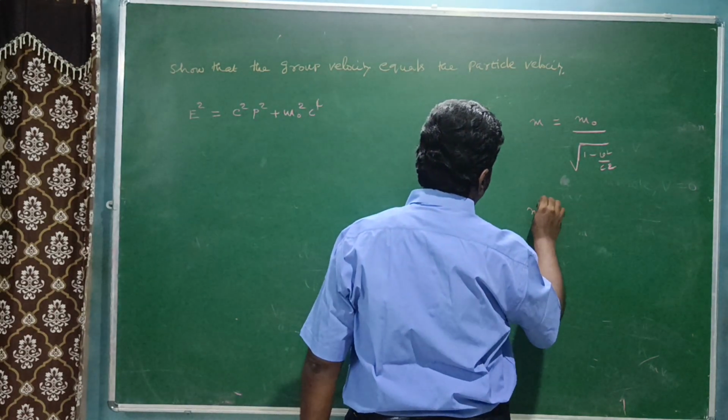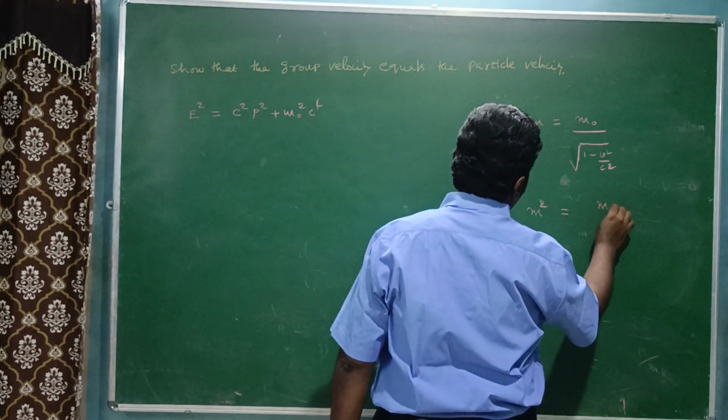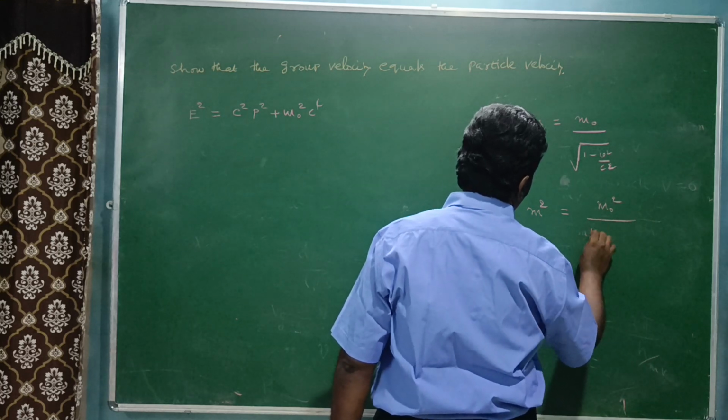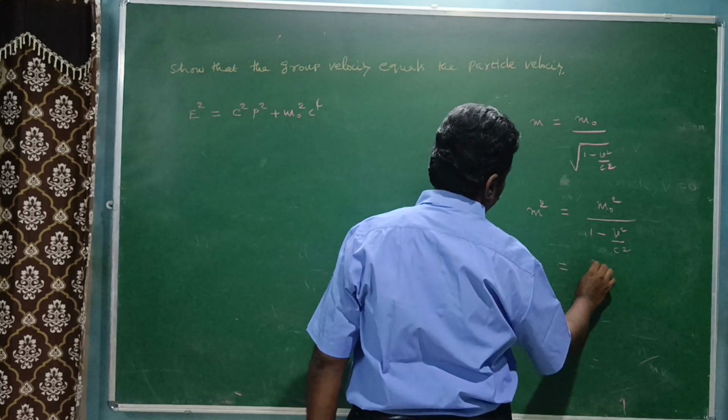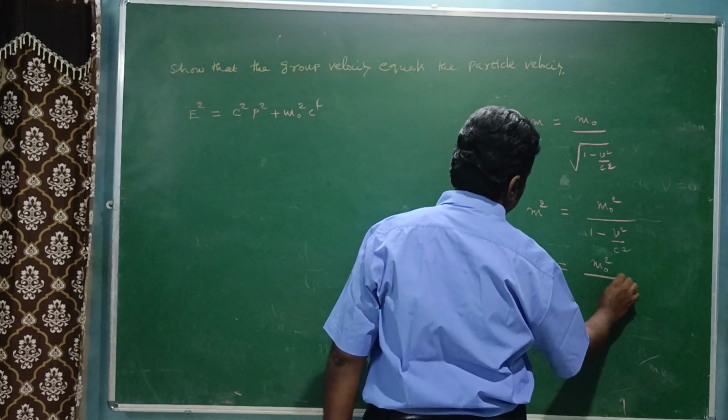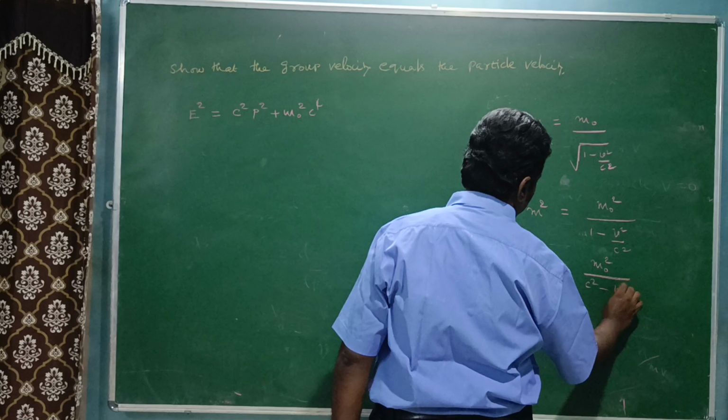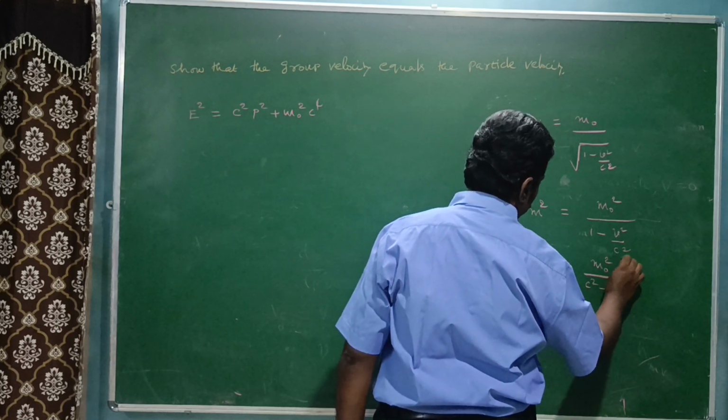Now squaring on both sides, we can get m0 square divided by 1 minus v square by c square. This is equal to m0 square divided by c square minus v square whole divided by c square, that goes to numerator.